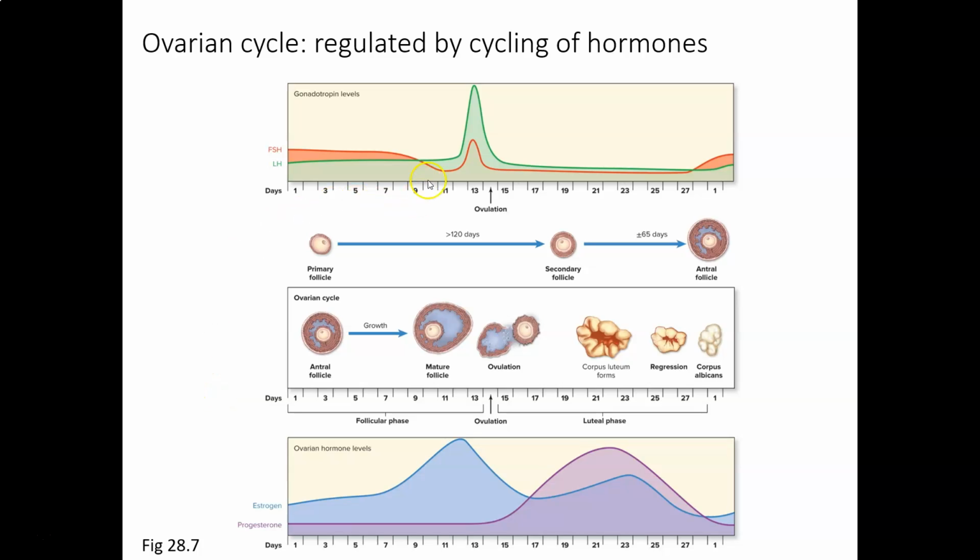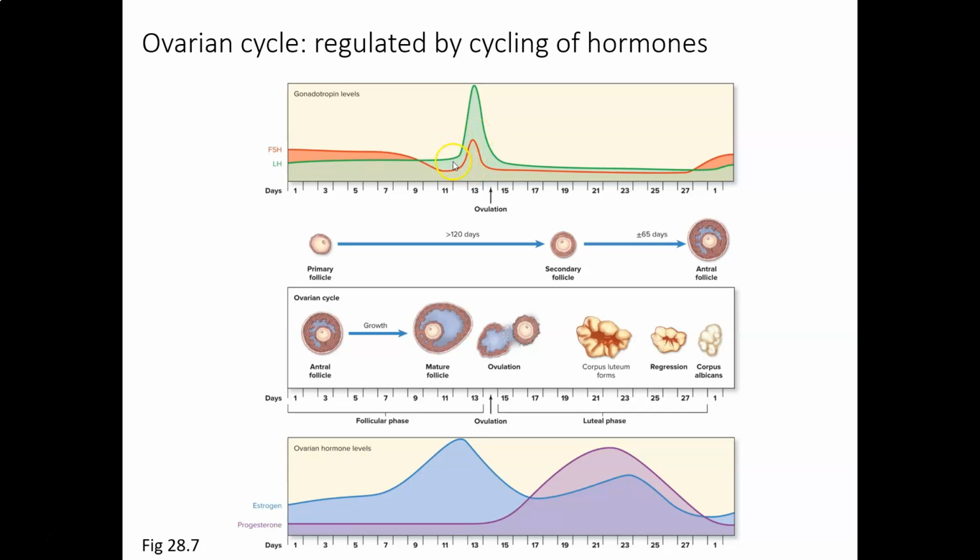You can see towards here you have a decrease of FSH. That's because the increase of estrogen level is going to negatively feed back onto the pituitary gland and hypothalamus to inhibit the secretion of FSH. But then right before ovulation, this will be day 13, you have a spike, right?